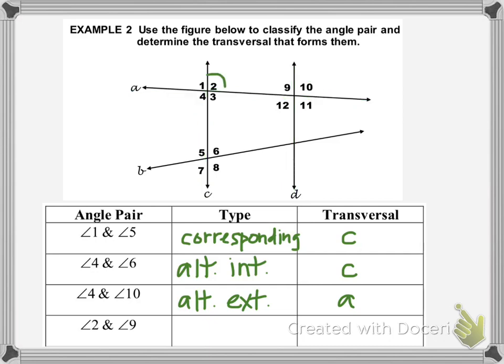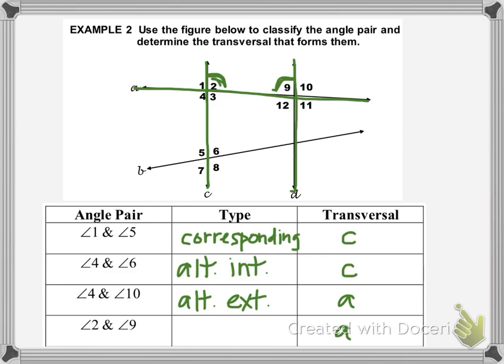For angles 2 and 9, here's 2, here's 9. They both belong to line A again, so line A is their transversal. The lines that line A intersects are just like the last example, C and D, so ignore line B for this. Again, tilt your head right or left so you can see it looking in the same orientation as our previous examples.